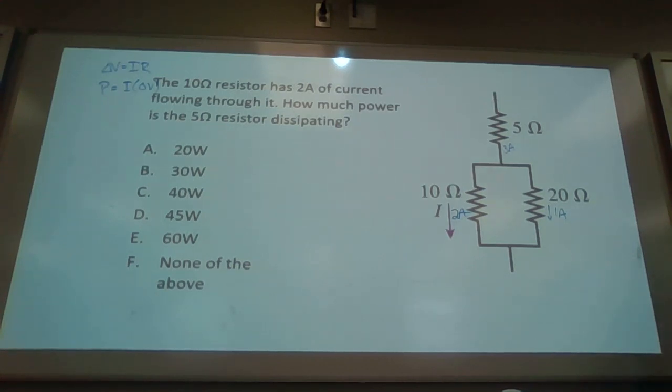And you can either go that route or you can do the shortcut and say power is equal to I squared R. And so you get 45. Okay, good there? Here's the other shortcut. That's just substitution of those two.